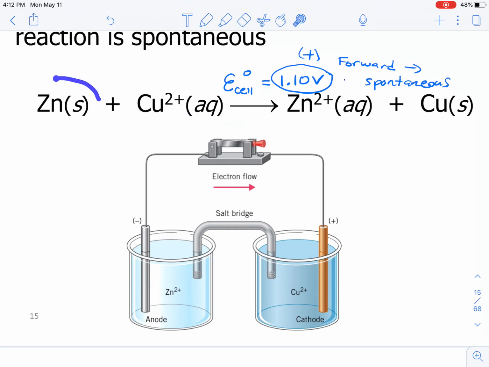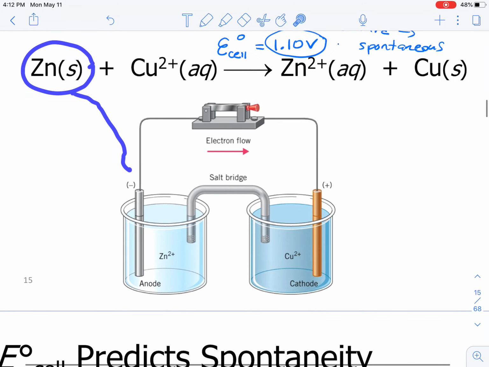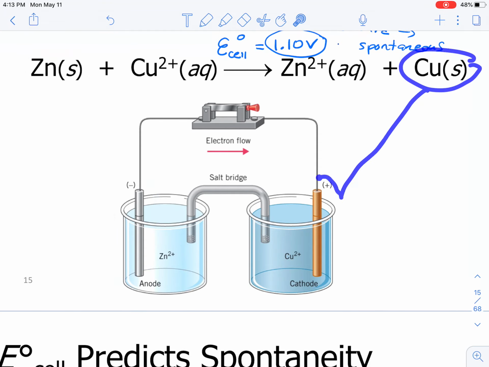We're going to take this solid zinc, which is going to be our electrode, and immerse it in a solution of zinc ion. And we're going to take this solid copper, and this is going to act as the electrode for the cathode half of the galvanic cell.